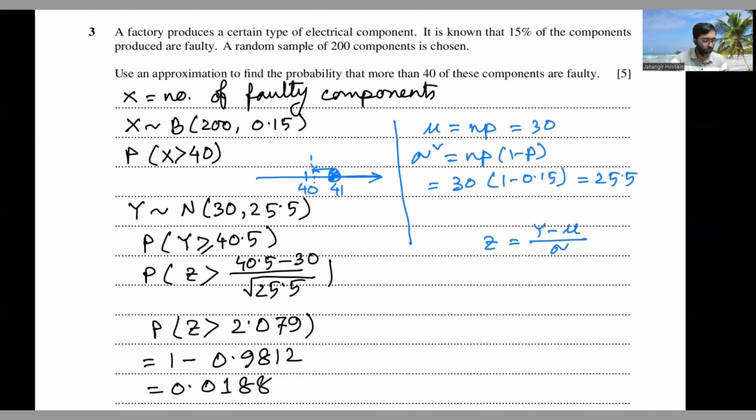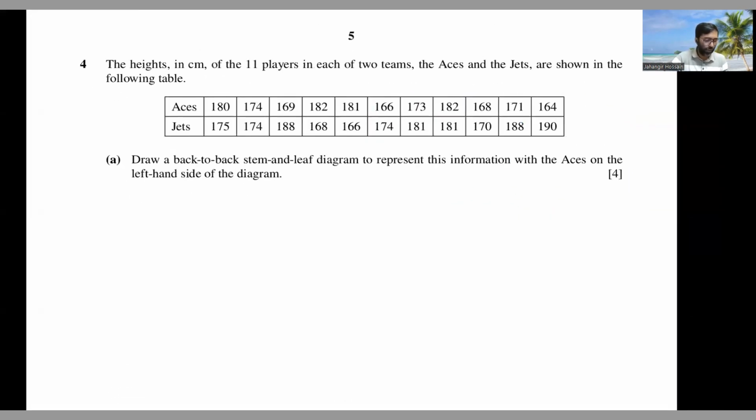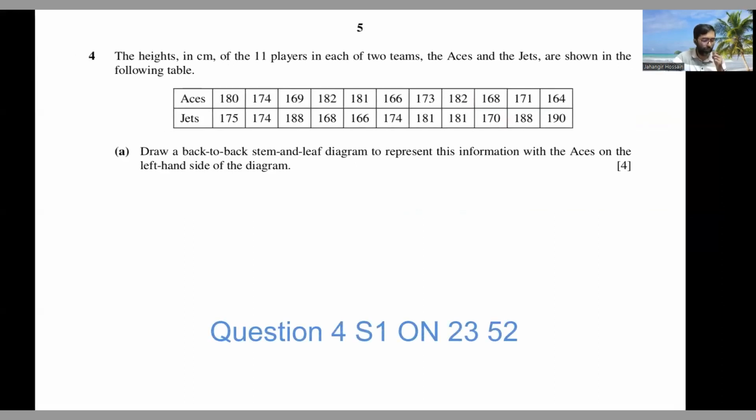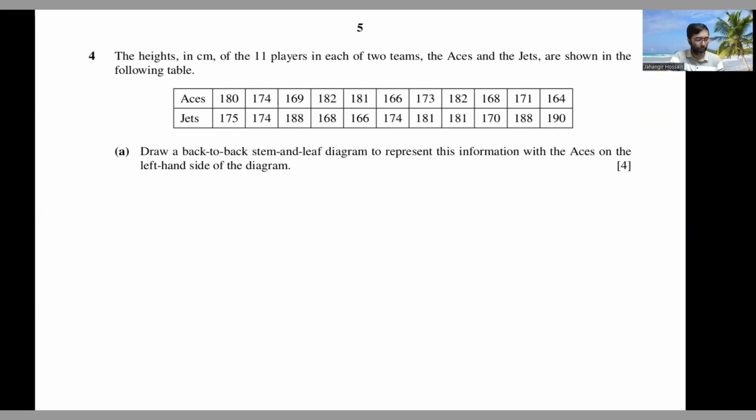Now let's move to question number 4. In question 4, we have the height in centimeters of the 11 players in each of two teams, the Aces and the Jets, shown in the following table. Draw a back-to-back stem-and-leaf diagram to represent this information with the Aces on the left-hand side of the diagram.